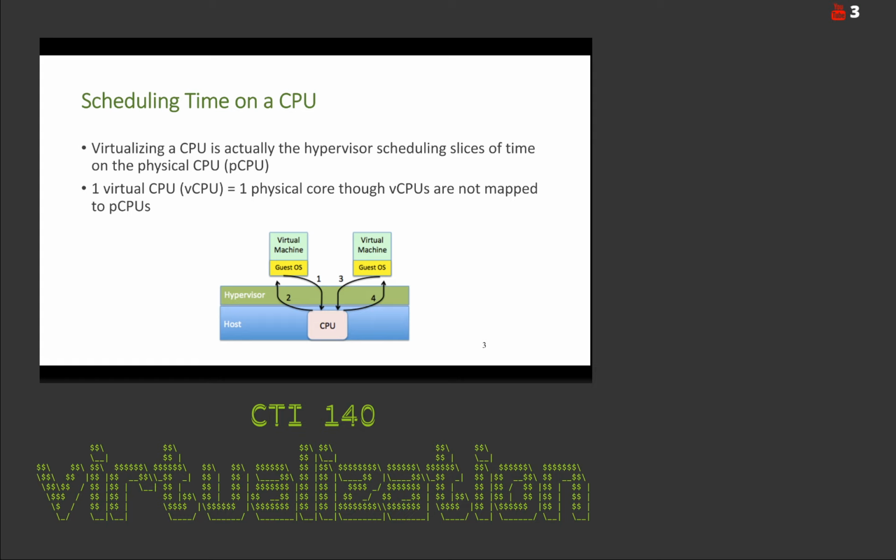In this case, it's not really mapped to any particular physical CPU, since we're not having a particular CPU that's running something for the virtual machine. We're just scheduling time. But one physical core is one core of our virtual CPU as well.